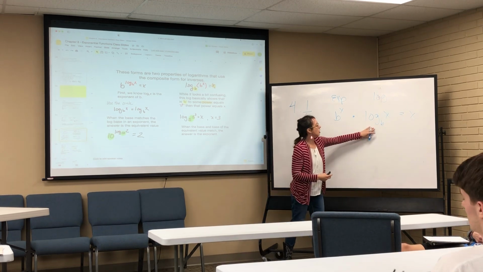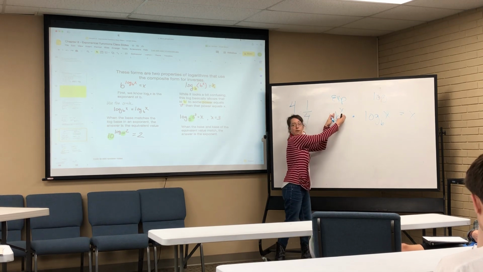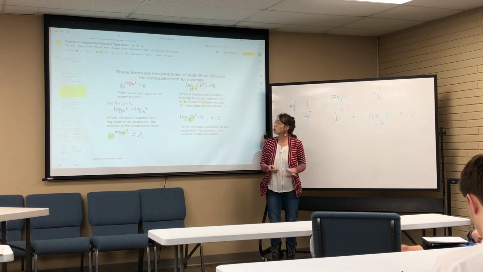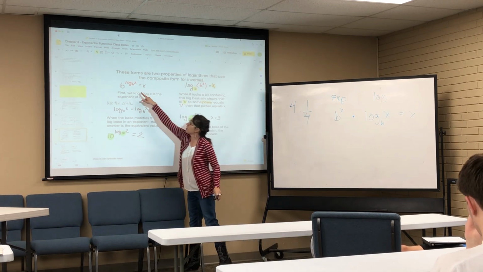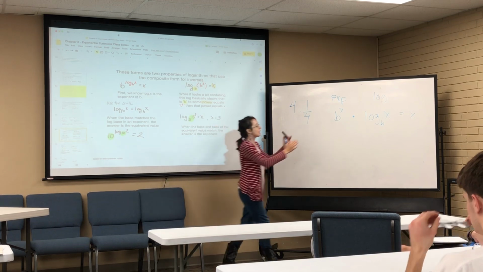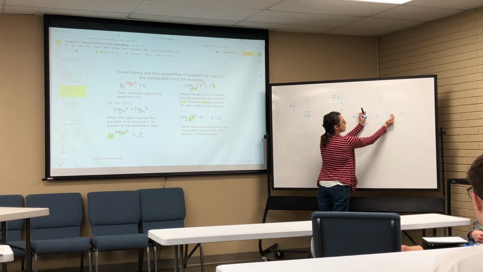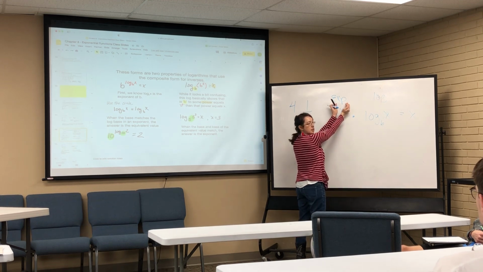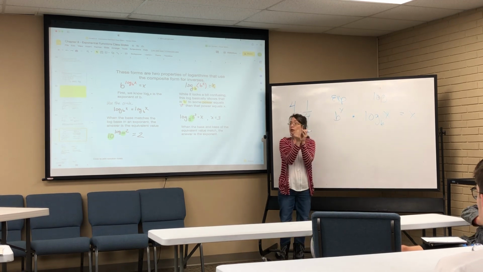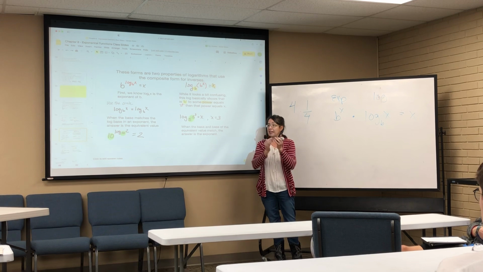We can either take our second equation and put it in our first. When we do that, we're taking this whole log base b of x, and we're sticking it in here as the exponent. So that's one composite function, and it turns into x.